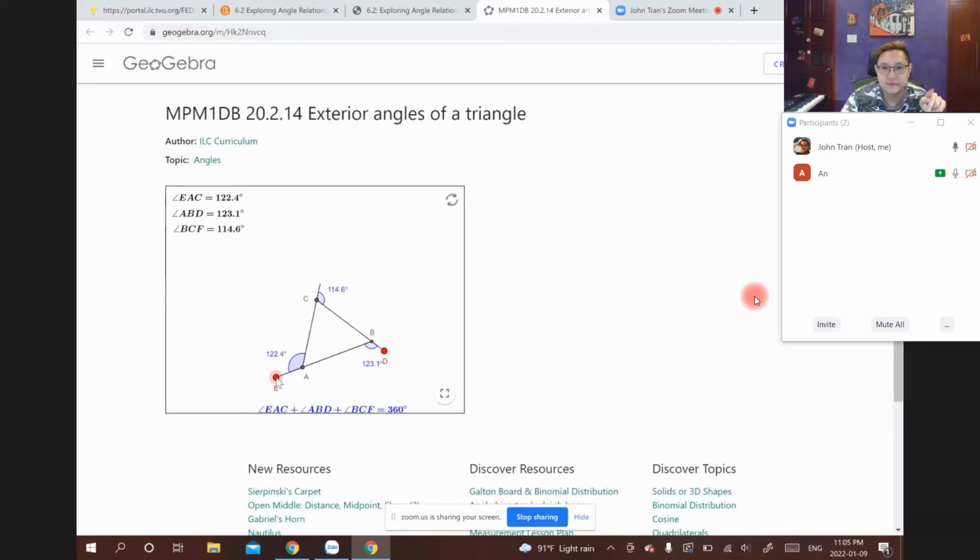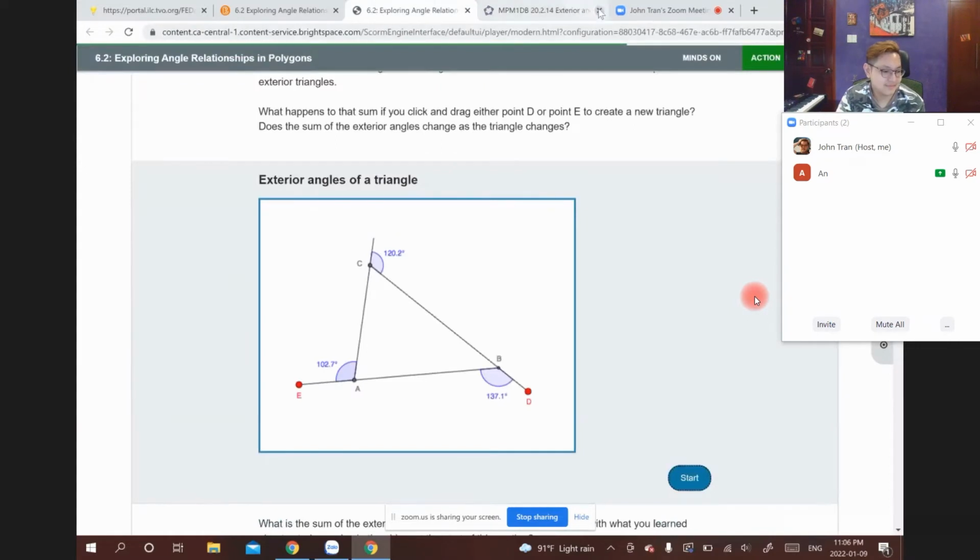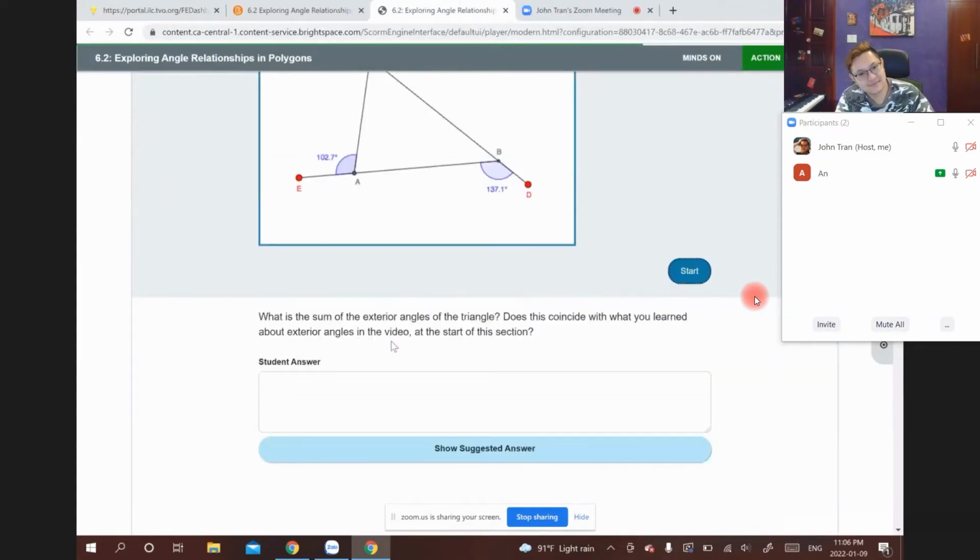Basically, it doesn't matter how you move it. The exterior angles will eventually become 360 anyway. Doesn't matter how you move it. It's always gonna become 360. What's the sum of the exterior angles of a triangle?